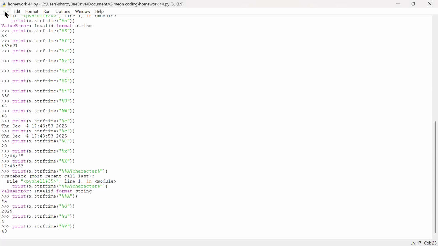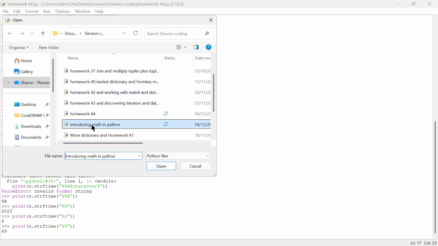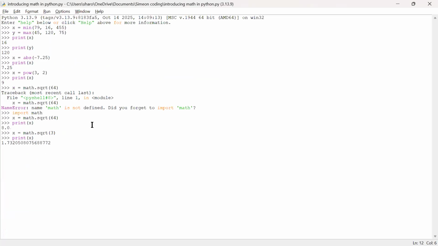Power, square root. Square root, exactly. Power did not need the math module to be imported, right? Power, absolute value, minimum and maximum, they did not need any importation of the math module. But the ones we did for square root needed importation of the math module.